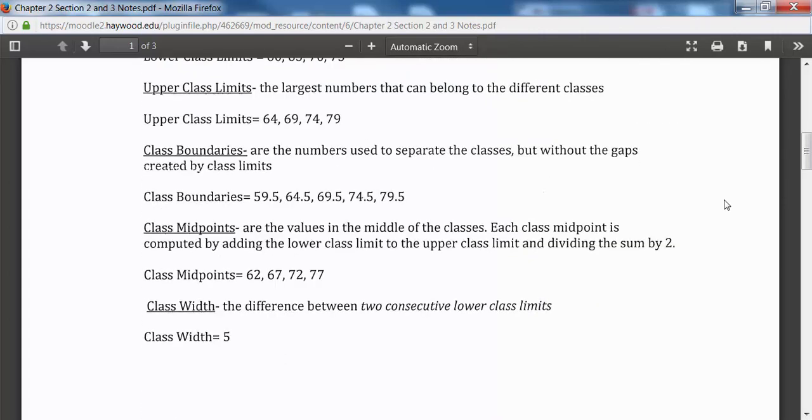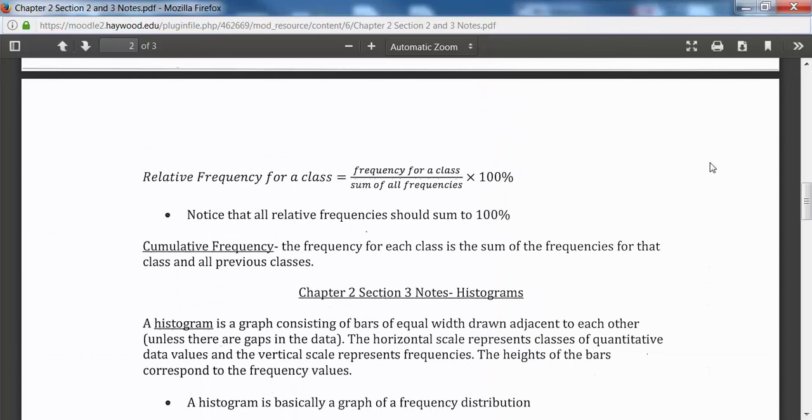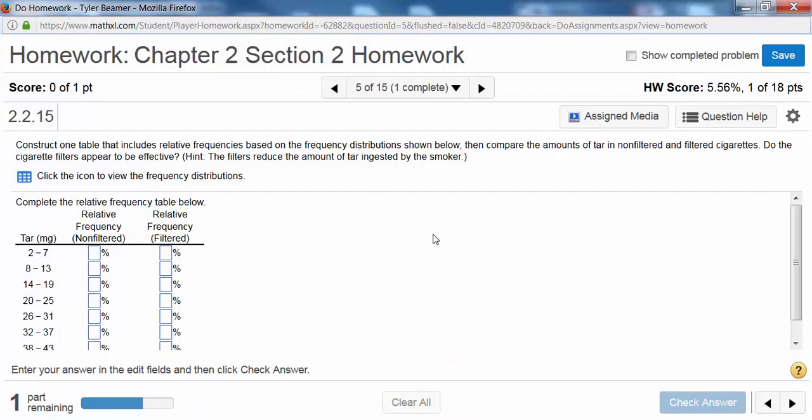Okay, so this particular question asks us to find relative frequency. So construct a table of relative frequency based on the frequency distribution shown below that compares tar in non-filtered and filtered cigarettes.